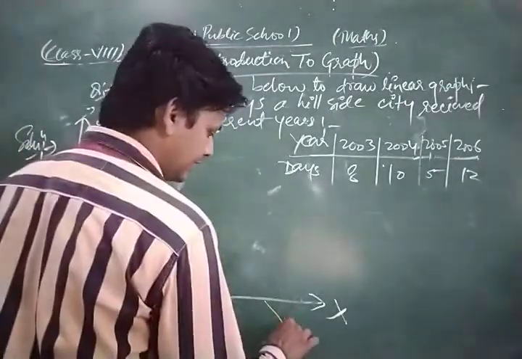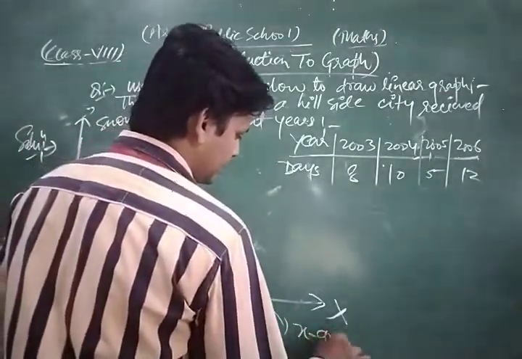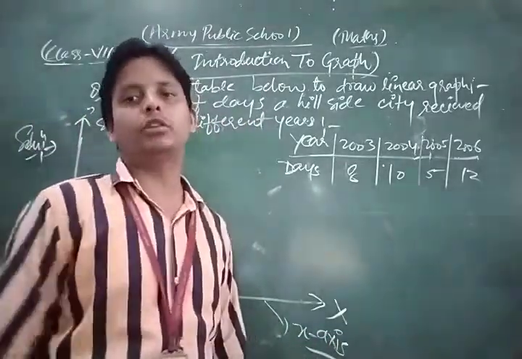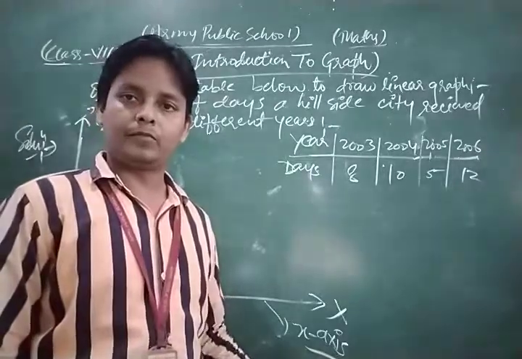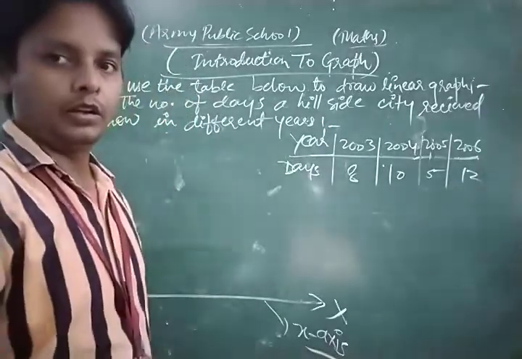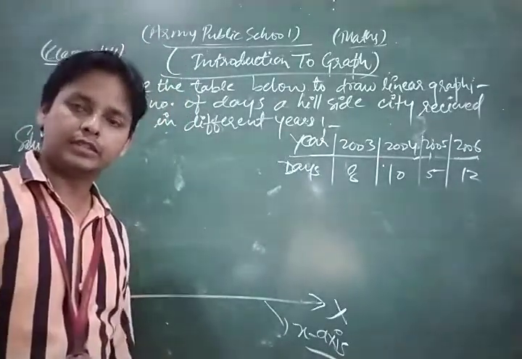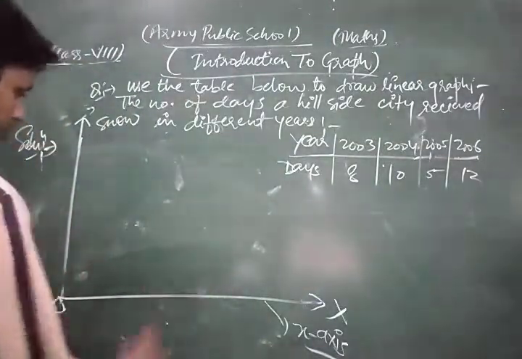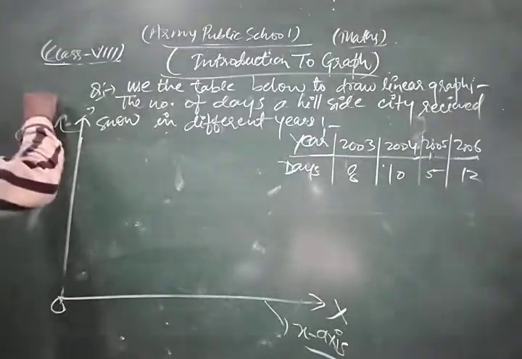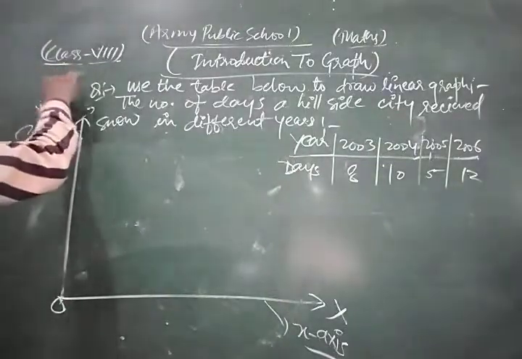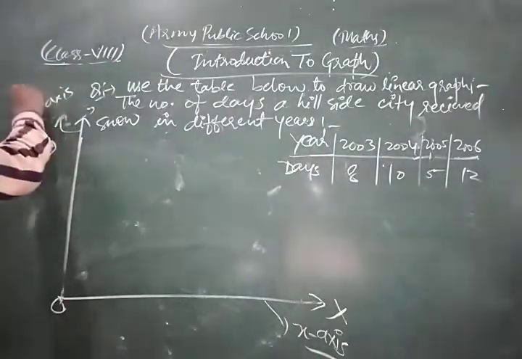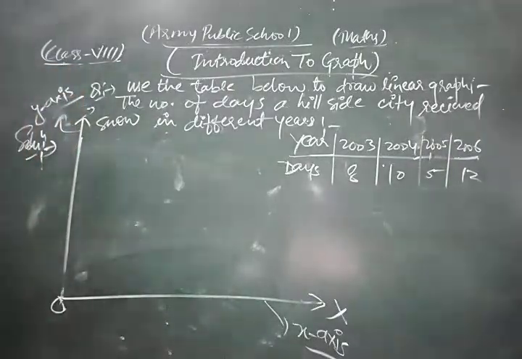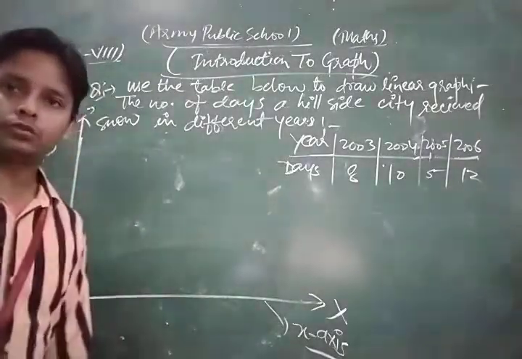This is your x-axis, because we already discussed the concept of the Cartesian coordinate system. This is the positive direction of the x-axis, and this is your y-axis.